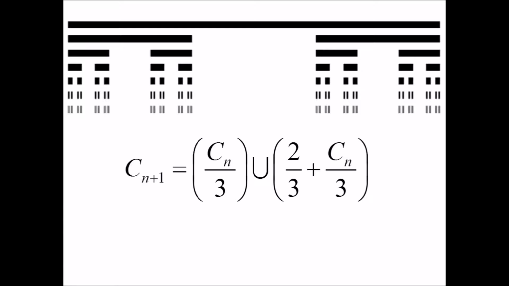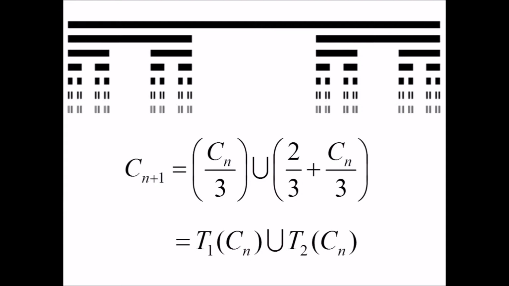The second set of parentheses shrinks the previous approximation and then moves it 2/3 of a unit to the right. The middle symbol represents the union operator. It essentially combines the two sets created by shrinking and translating it into one set. This new set is the next in the sequence of approximations to the Cantor set.